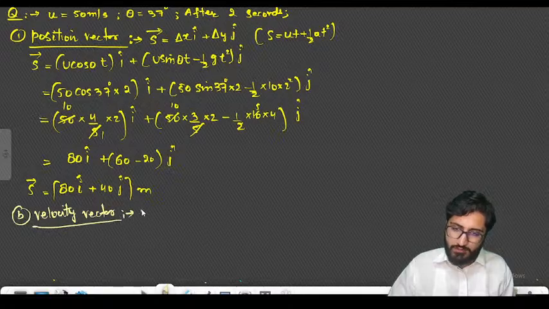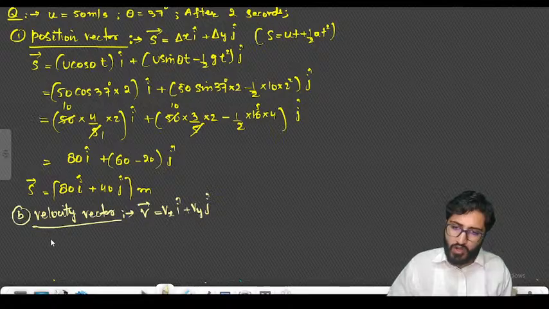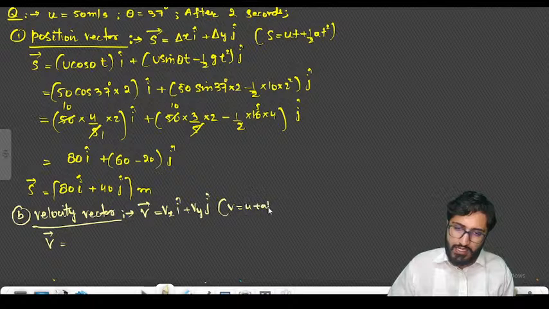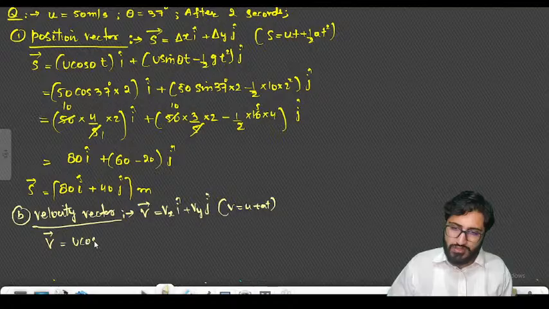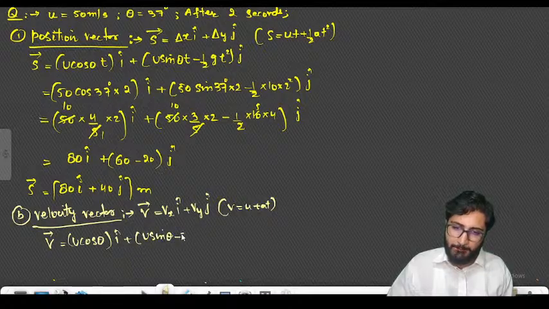Sir, velocity vector means the v vector, which is vx i cap plus vy j cap, or v equals u plus at. So v equals u cos theta i cap plus u sin theta minus gt into j cap.